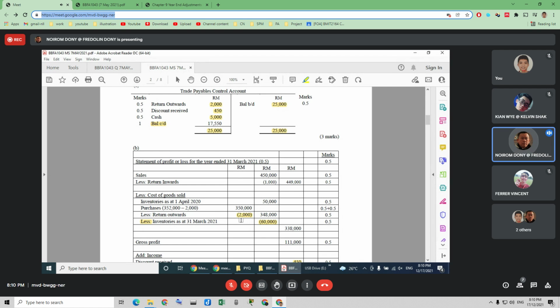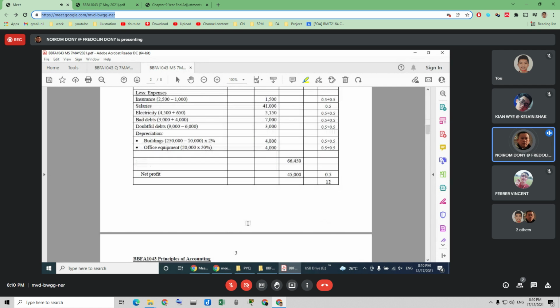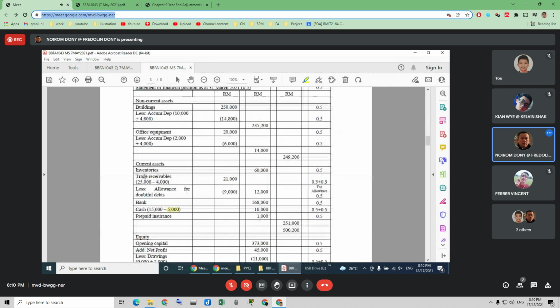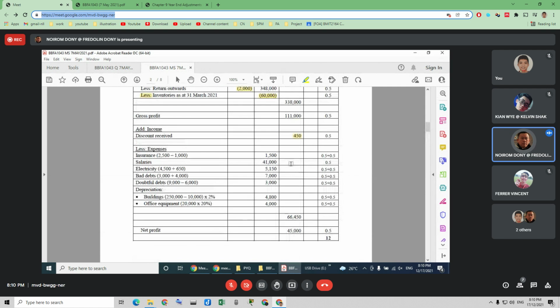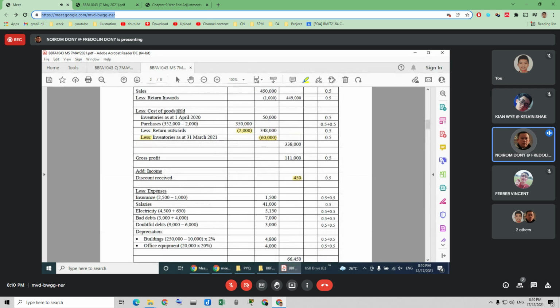The debit is when we provide in SOFP under the current asset, 60,000. So we have recorded the first information. We debit by providing under the current asset, 60,000, and credit when we present together with the cost of goods sold, but with less symbol. So this is credit.